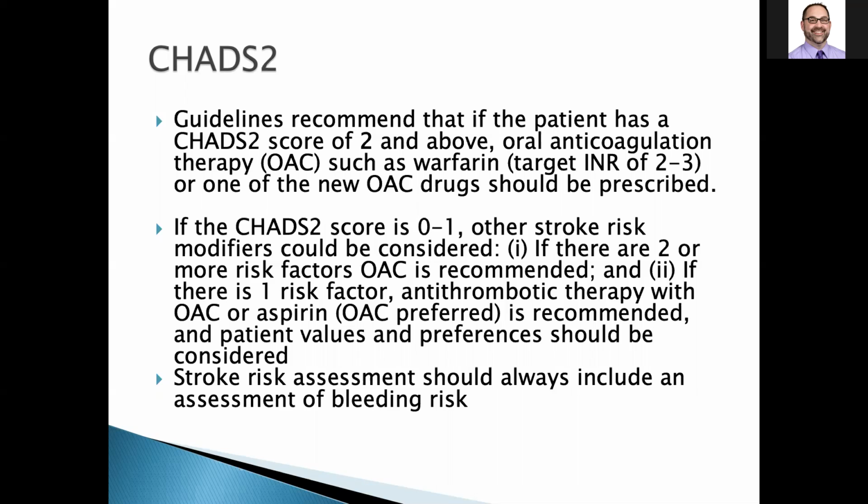If the patient has a score of 0 to 1, then we can utilize aspirin if there are some risk factors. If they have a score of 0 and no significant risk factors, then they don't need any anticoagulation.